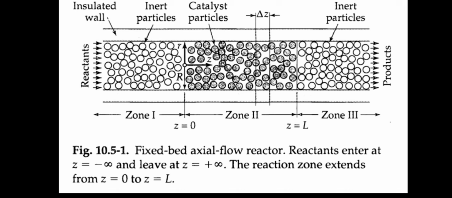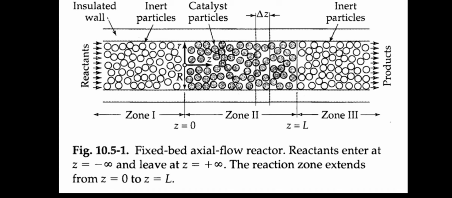We conceptually divide this reactor along its axial direction, denoted as Z, into three distinct zones. Zone 1, the entrance zone. This section extends from the inlet, where Z approaches negative infinity, up to Z equals 0. Crucially, in this zone, the packing consists of inert spheres. This means these spheres do not catalyze the primary chemical reaction of interest.